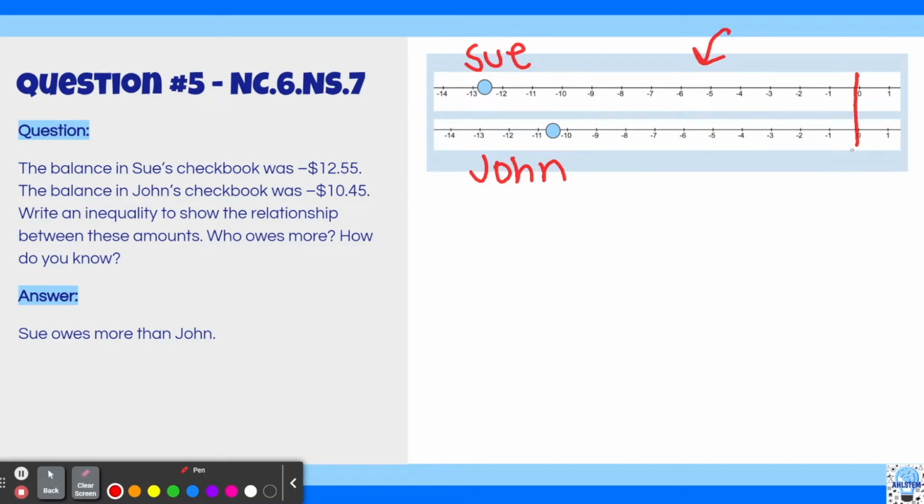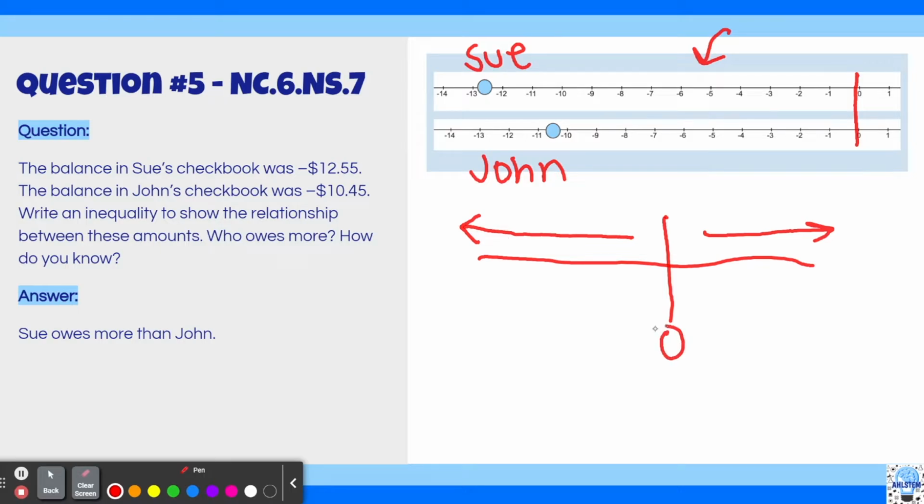So when we talk about numbers, pretty much the general rule is that the farther away from 0 you are, the more or less the number is. So the closer you are to 0, the smaller your number is.